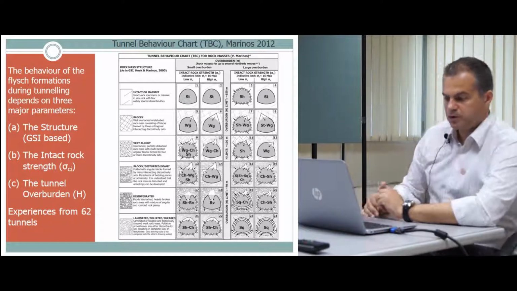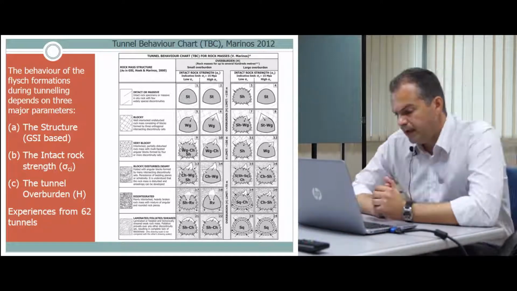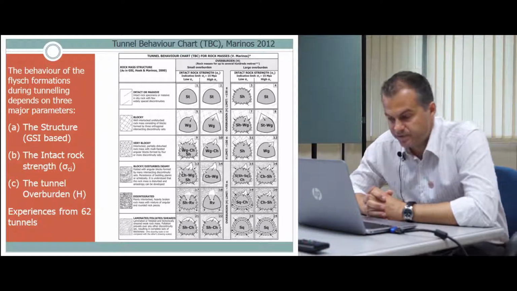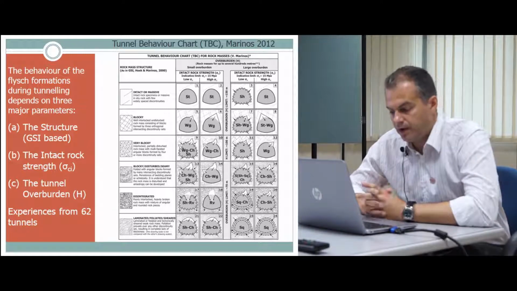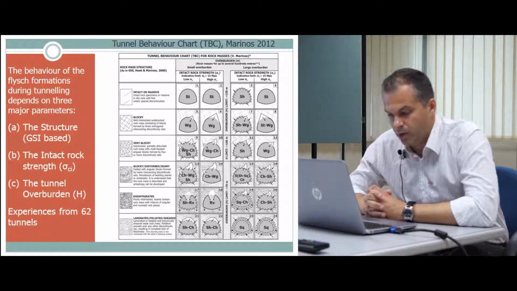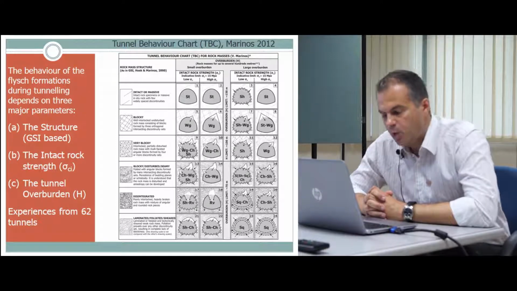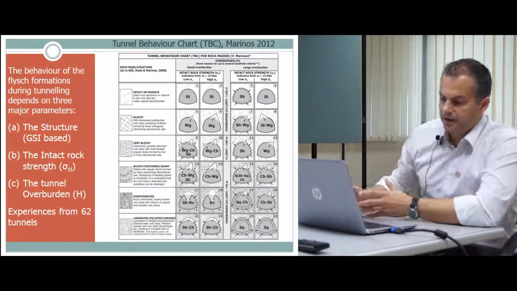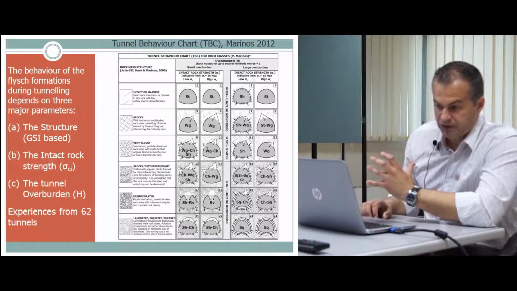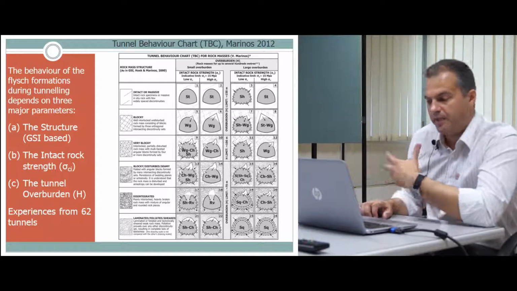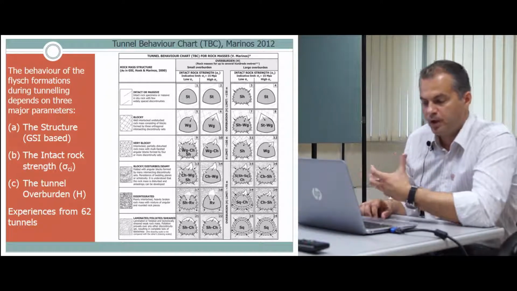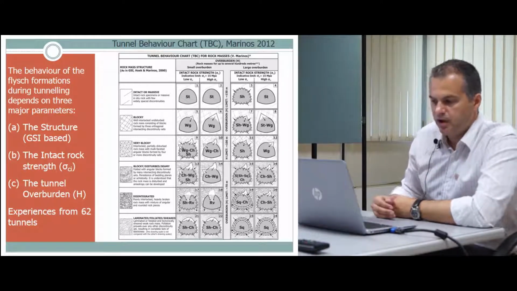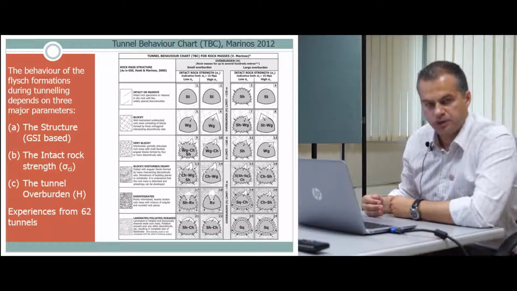So these are parameters from which we can find the borders of the structurally controlled, gravity-driven failures, whether they are chimney or raveling or wedge failures, and when these strains may develop depending on the initial intact rock strength, and then how the GSI may reduce this intact rock strength to the rock mass strength, so we can have some calculations of the ratio of the rock mass strength to the in situ stresses.